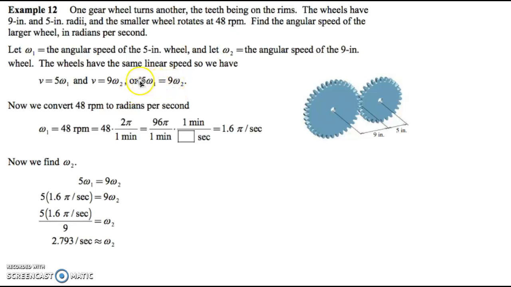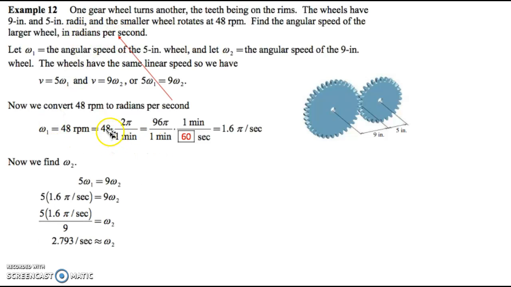We know that their linear speed is exactly the same, so we can simplify and solve, setting them equal to one another. We do know the revolutions per minute, so we can find the W of the small wheel because we know it's 48 revolutions per minute. Let's turn that into radians per second since we're interested in finding per second and we need radians.